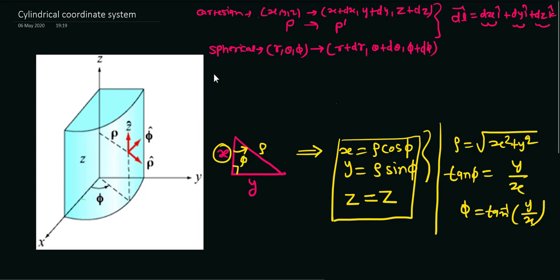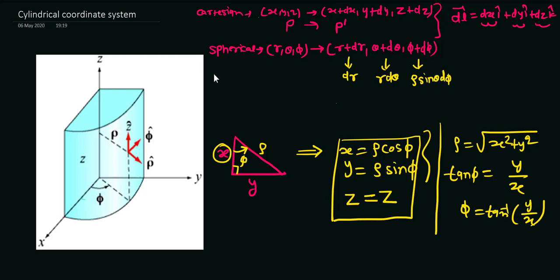So we saw that the length of this element in the direction of r was given by dr. In the direction of theta, we calculated it as r d theta, and in the direction of phi, we calculated it as r sin theta d phi.